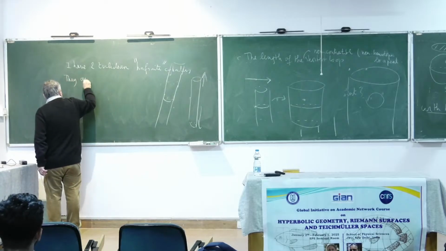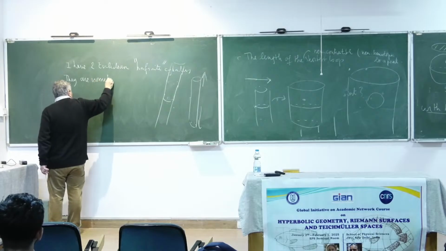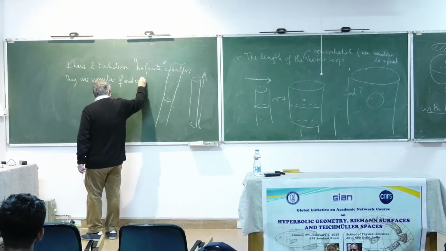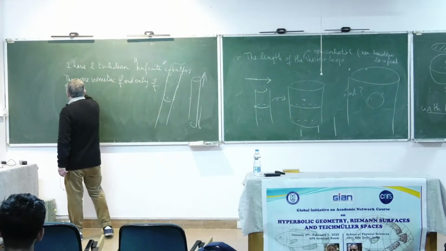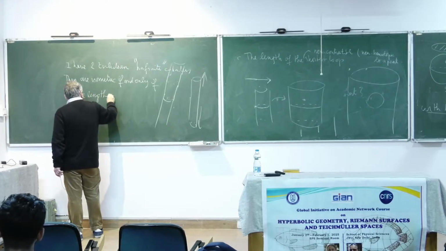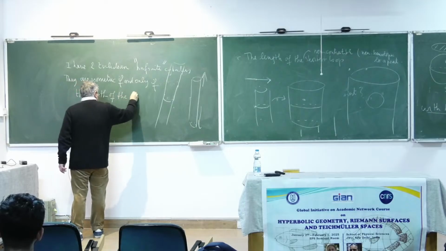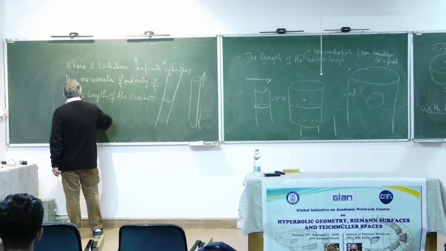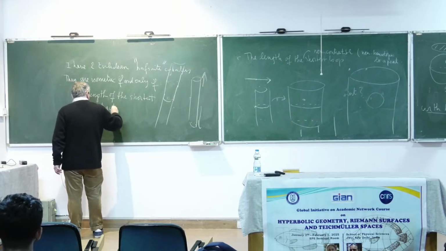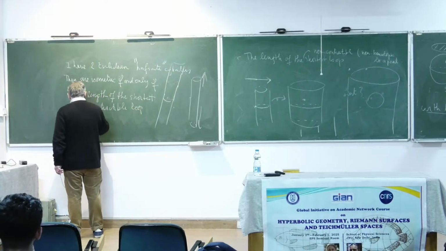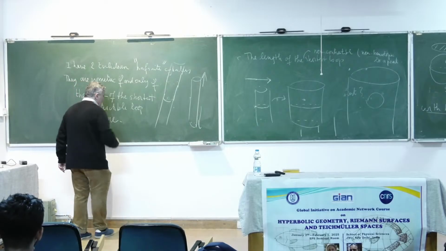They are isometric if and only if the length of the shortest non-contractible loop is the same in each of these two cylinders.